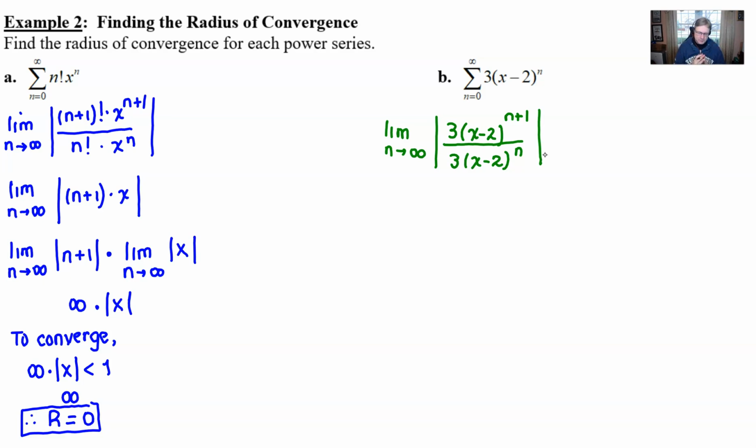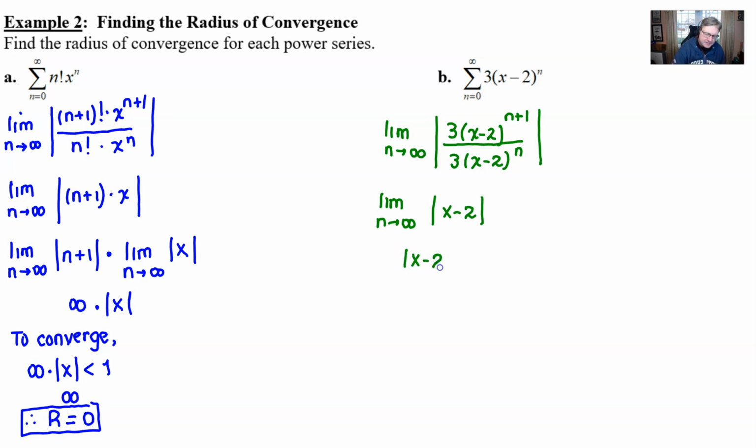So for this particular problem, I don't think it's going to be too tough to reduce this. You can see that the 3's are going to cancel. You're going to see that x minus 2 to the n plus 1 over x minus 2 to the n will give you x minus 2 to the first. And we can let n approach infinity all day long. And if we do, we would get absolute value of x minus 2.